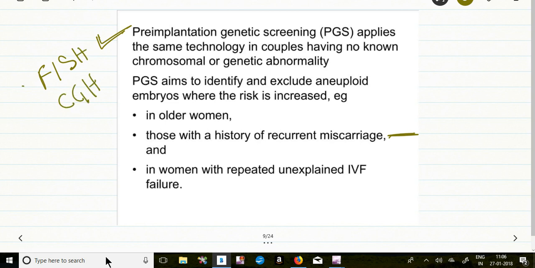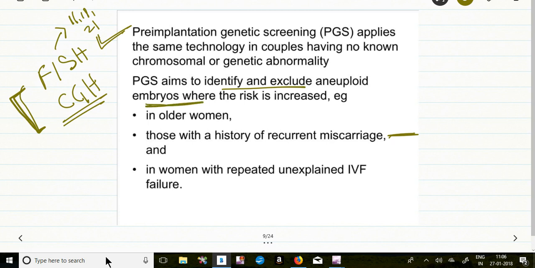But we are not just testing a single gene, we are screening the entire chromosome. FISH will tell you about a few aneuploidies like 16, 18, 21, 13, all those things, and CGH will screen the entire chromosome. Comparative genomic hybridization.